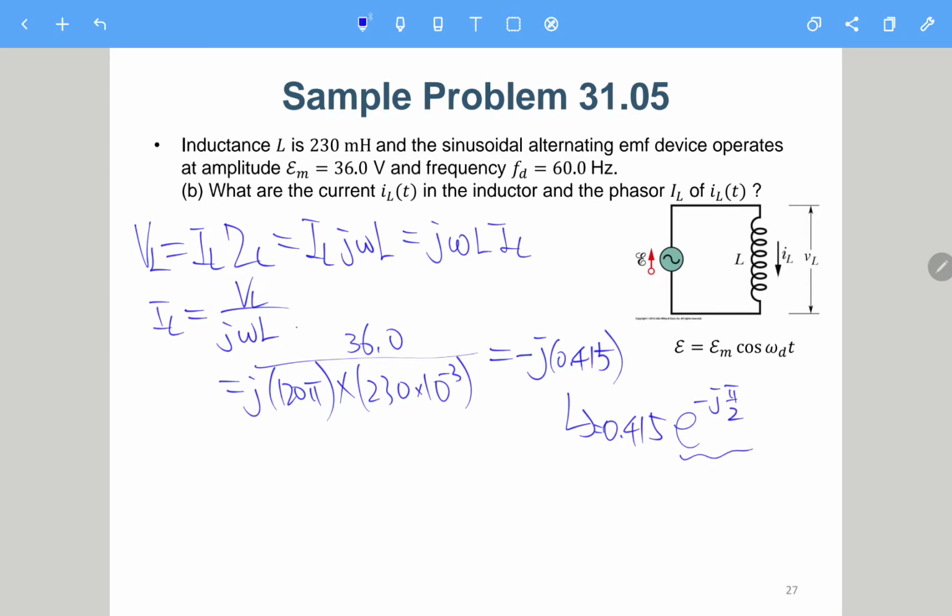So this is negative j. This is the amplitude, which must be a non-negative number, at least 0, but usually a positive number.